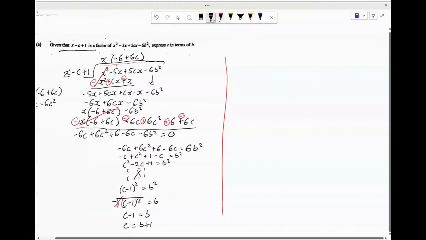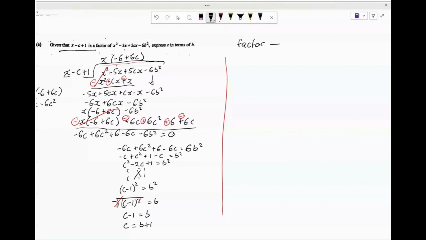So if factors multiplied by each other give expressions, factor to expression, then roots subbed into expressions give 0. And now you can see that it's closely related, because factors divided into expressions give a remainder of 0, roots subbed into expressions give a remainder of 0.